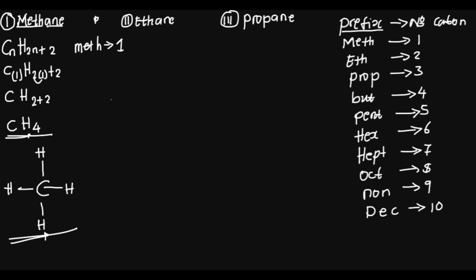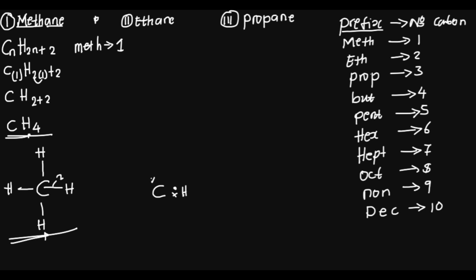Now before we move on to ethane, let's see what we can add to this one. What I want you to know is that if we have this carbon, then each bond consists of 2 electrons. What this means is there is one electron from the carbon and one electron from the hydrogen.